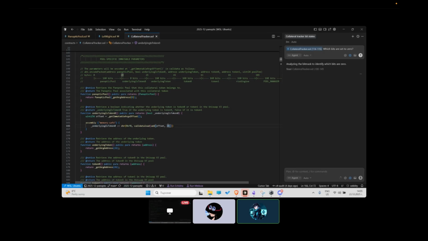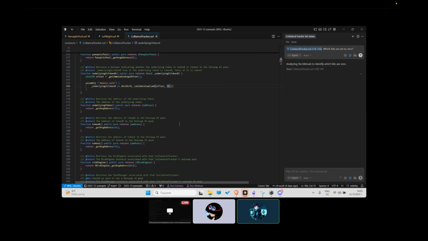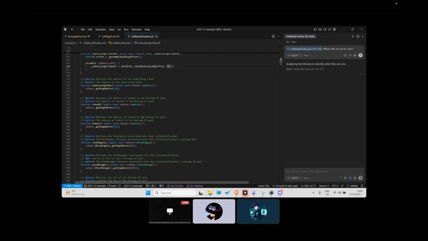When they do calldataload, it loads the underlying token flag, the underlying token address, and a part of token 0, because it's all continuous. So let's keep going. You can go through this afterwards.